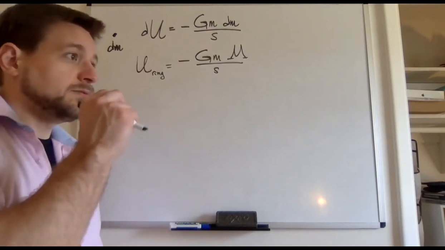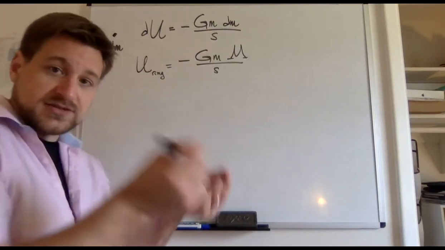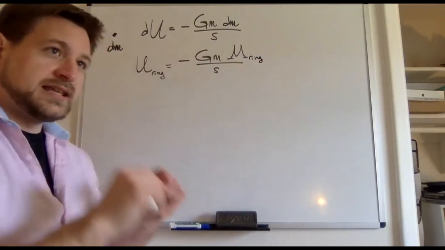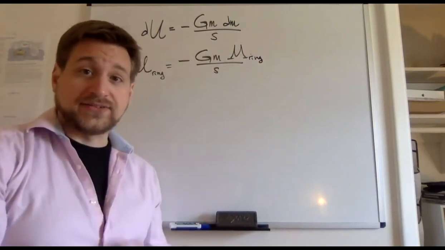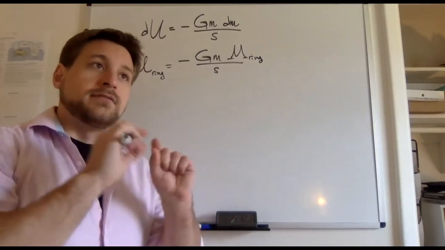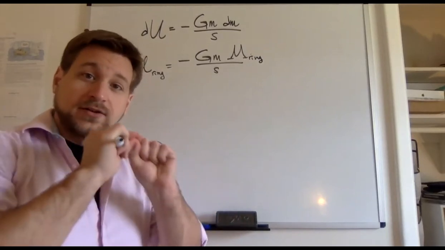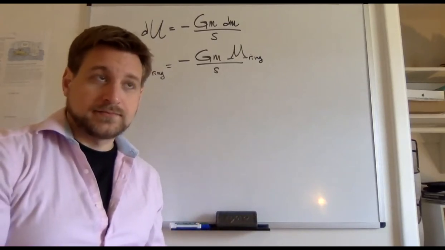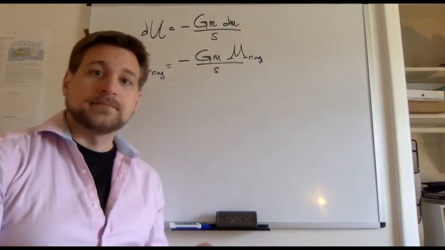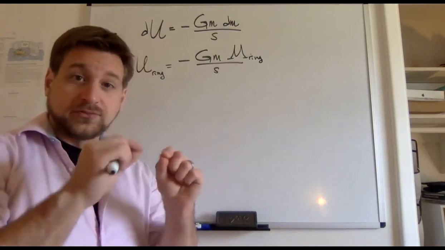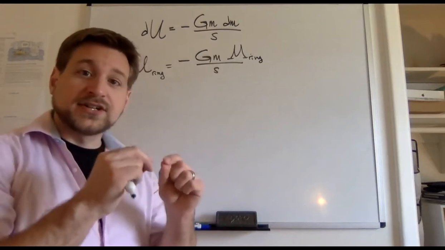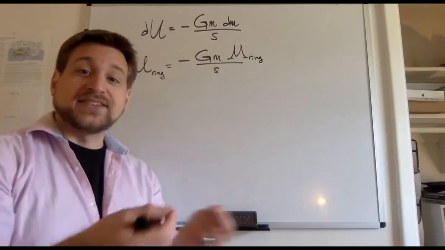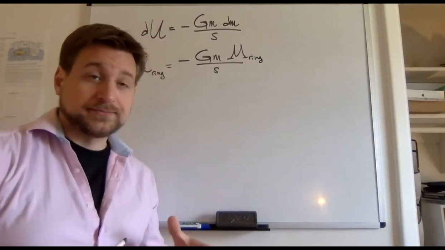So the mass that lives in this ring is the fraction of the total mass, m, that is the same fraction of the area of the ring to the total area of the sphere. Let me say that again. This ring has some small area, and whatever fraction of the total surface area it has, it has that same fraction of the total mass.